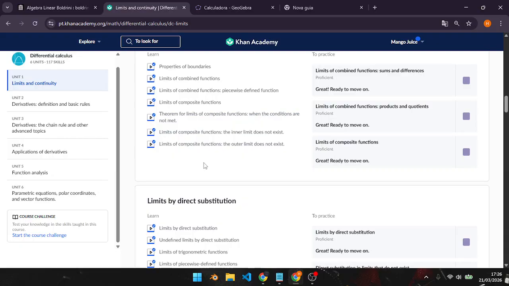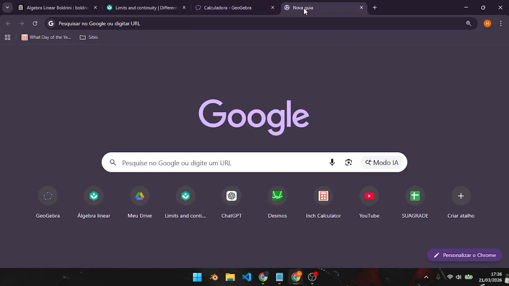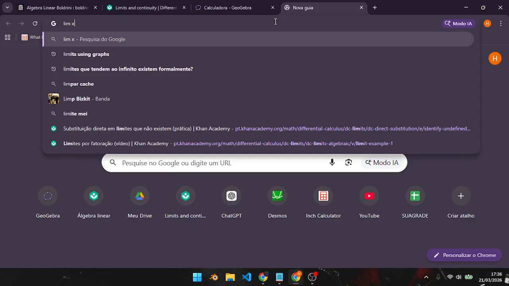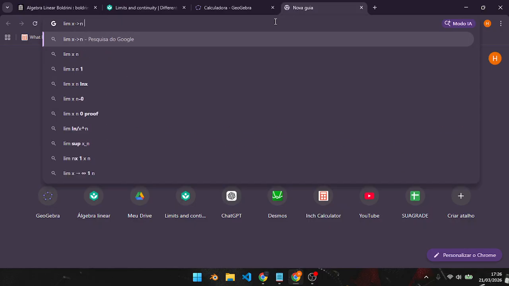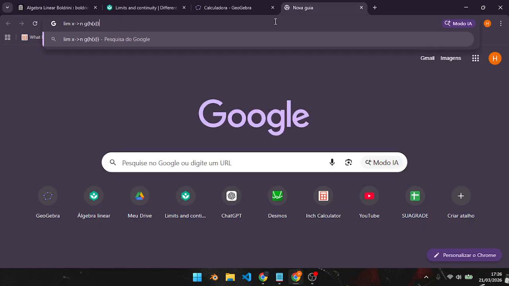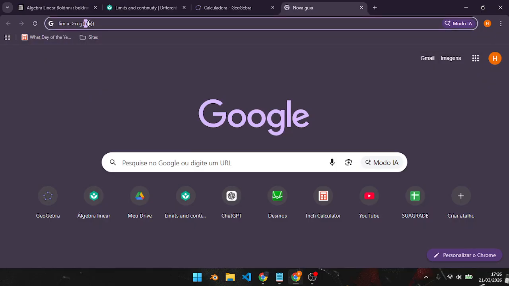Basically, we have a limit of a function that is something like this. You have a limit, the limit when x goes to something of g(h(x)). So you have a function, and another function inside of that function. And okay, how do I solve this?